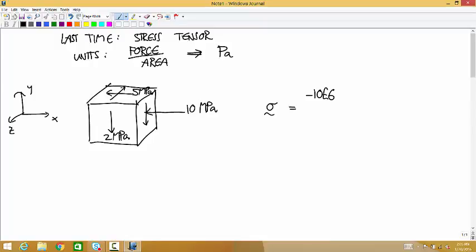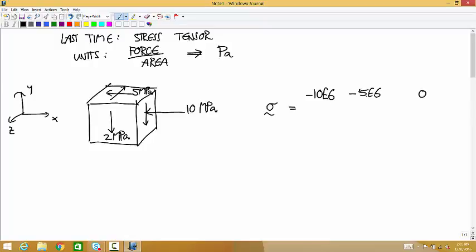We have, in the y direction, a downward stress of 5 megapascals. We know it has to be 5 because of the symmetry of this matrix. This one is 5. So negative 5 times 10 to the 6th. And then nothing in the z direction.